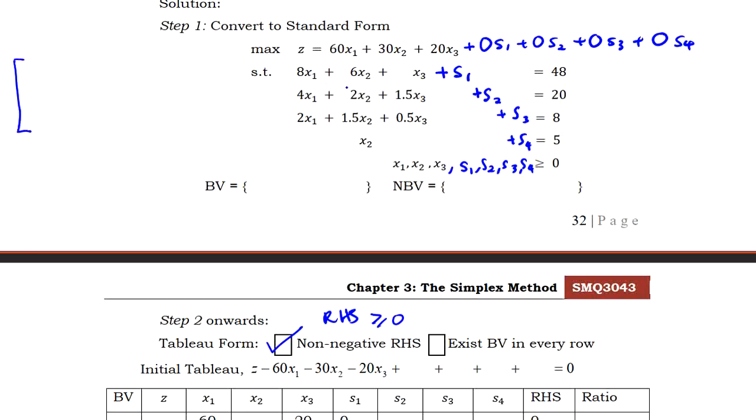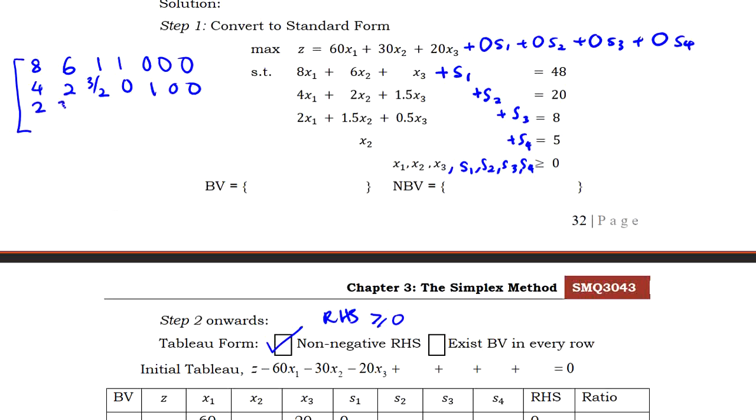We need to put this constraint into a matrix A. So 8, 6, 1, 1, 0, 0, 0. Then 4, 2, 3 over 2, then we have 0, 1, 0, 0.